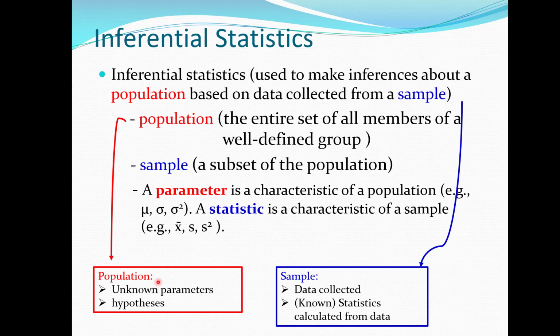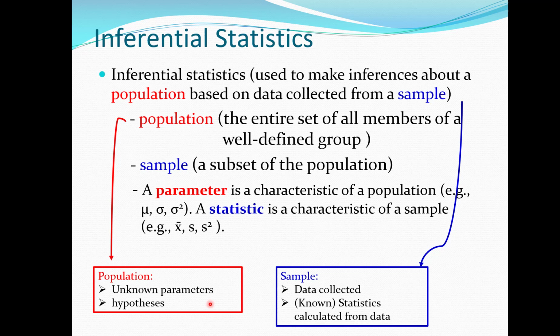But unfortunately, you don't know about the population. You can only use what you get from your sample. Or in other words, you can only use the data you collected from your sample to make inferences about your population. So the population is unknown. It has unknown parameters.